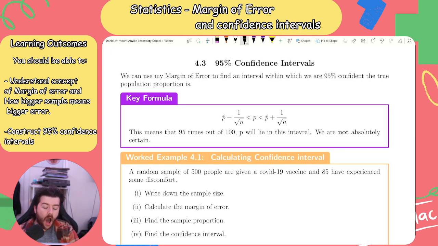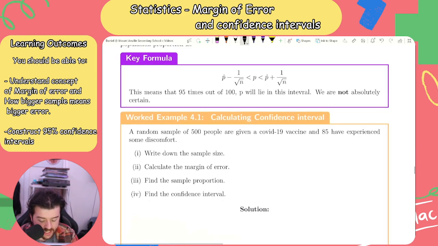So if I study a little group of second years and find their mean height, say I studied 200 of them, and get my margin of error, I am then able to add on and subtract 2%.